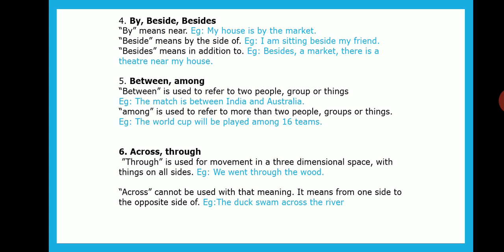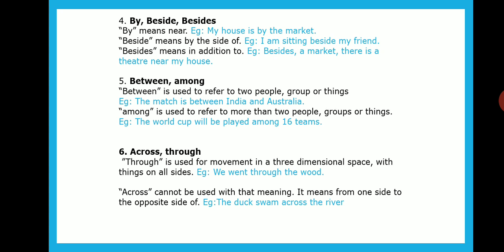Next, by. By means near. Beside means next to, nearer than by. By is a little far, but beside is very close. Besides means in addition to. You can read the example so that it will be clear for you. Next is between and among. You use between when there are only two things.